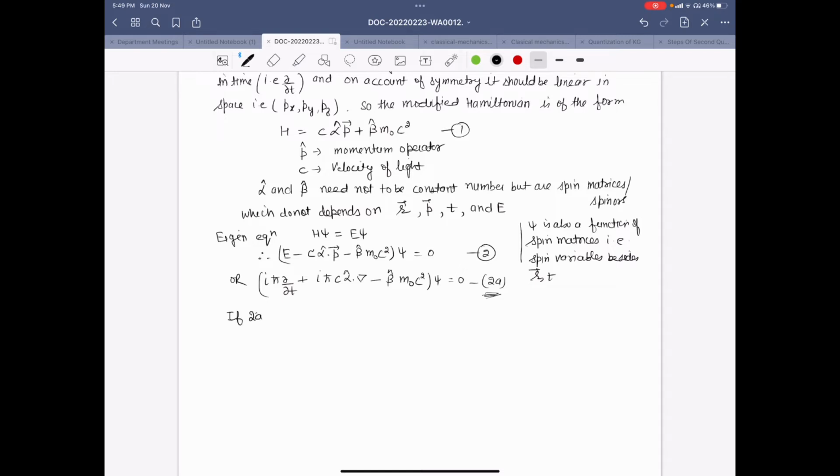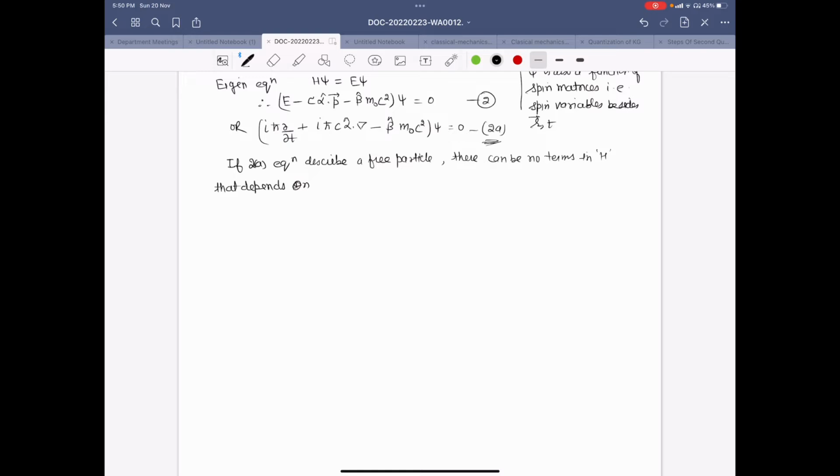If 2a equation describes a free particle, there can be no terms in H that depend on space and time coordinates, because these terms give rise to your force.